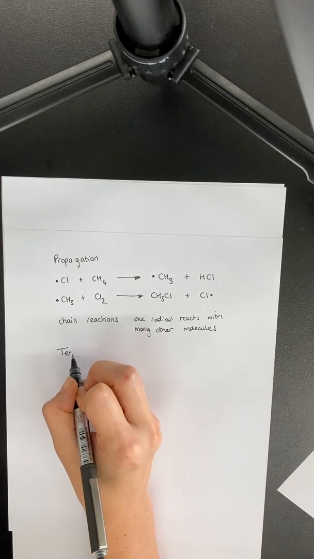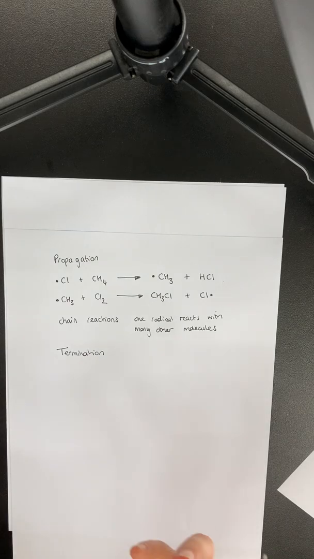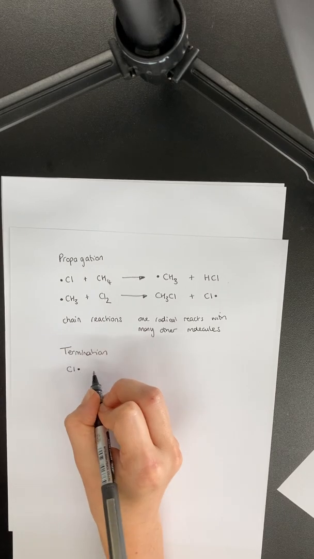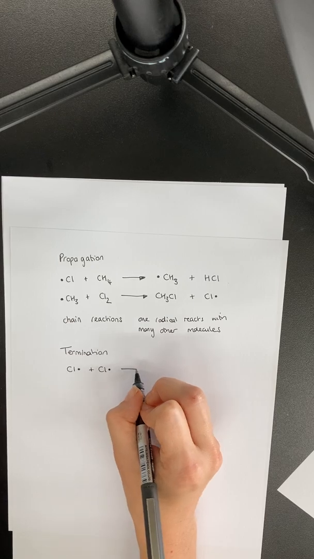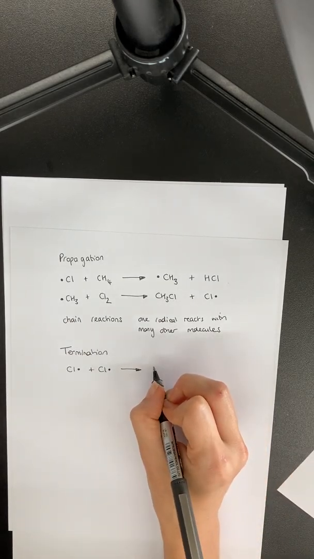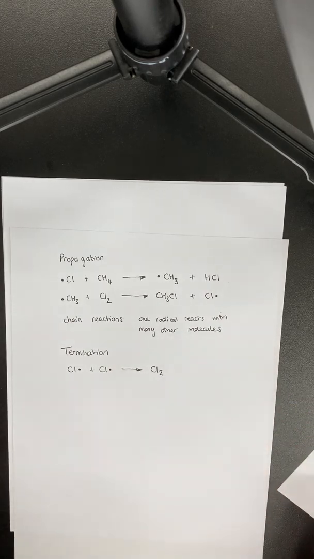Now, the final step is the termination step, and this occurs less often because the termination step always occurs between two radicals, and the likelihood of two radicals meeting is low. But when they do, two radicals react to reform the chlorine.